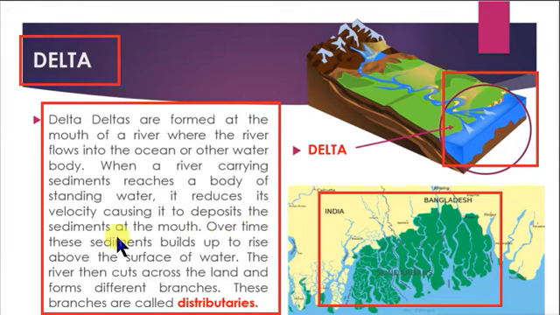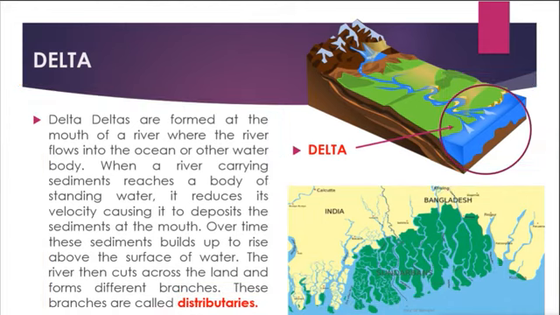Over time, these sediments build up to rise above the surface of water. The river then cuts across the land and forms different branches. These branches are called distributaries.